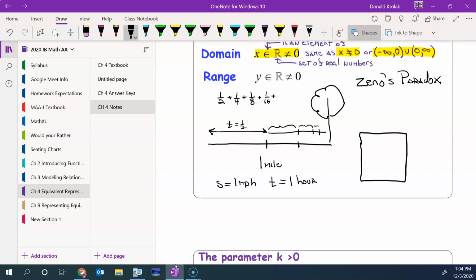So half of an hour, a quarter of an hour, 1/8 of an hour, a 16th of an hour, a 32nd of an hour, a 64th of an hour, a 128th of an hour. What's this time going to add up to? I keep adding to it. Infinity, because I keep adding. So this has got to be growing.